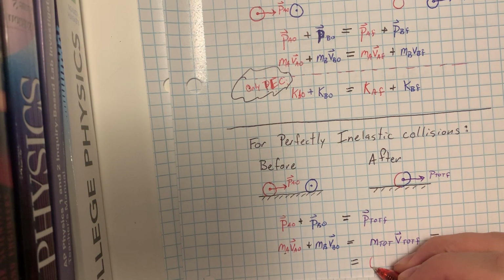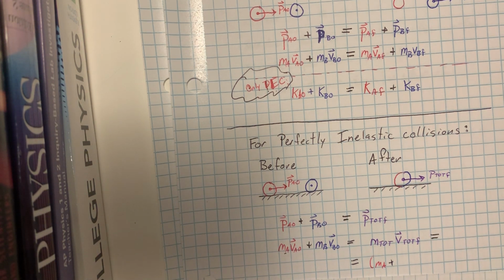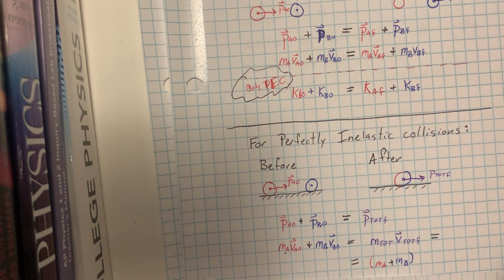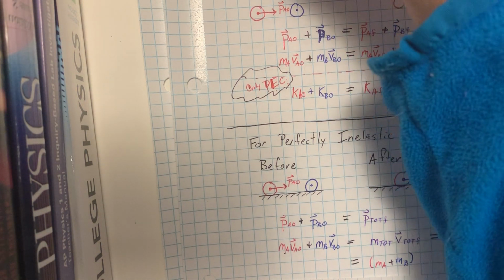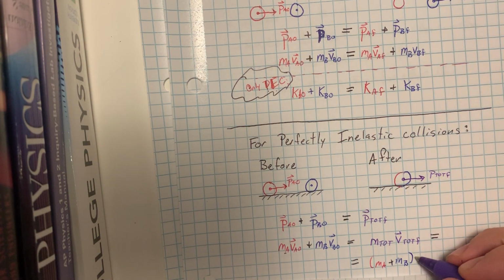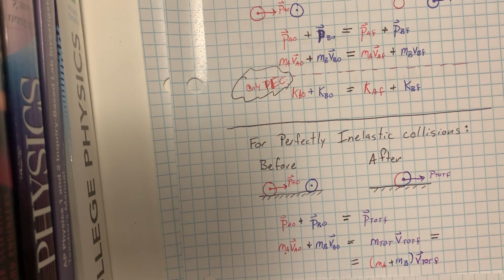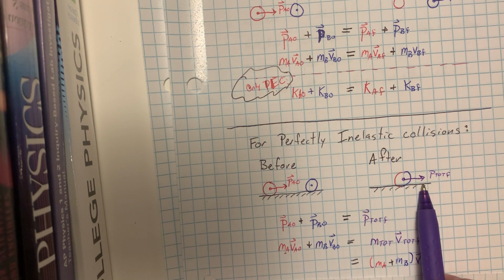M total is going to be MA plus MB, and then that whole thing gets multiplied by V total F. So whatever the mass of these two combined is, it's going to be the same as this. If they're equal masses, whatever this velocity is here, it's going to be half as much after they stick together.